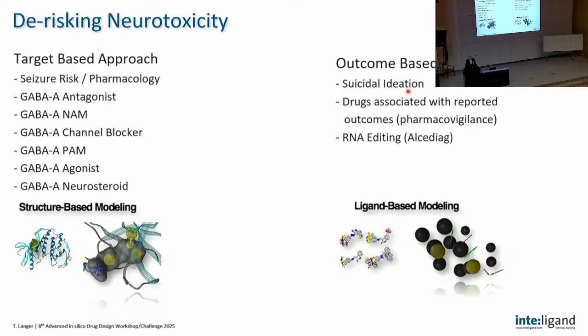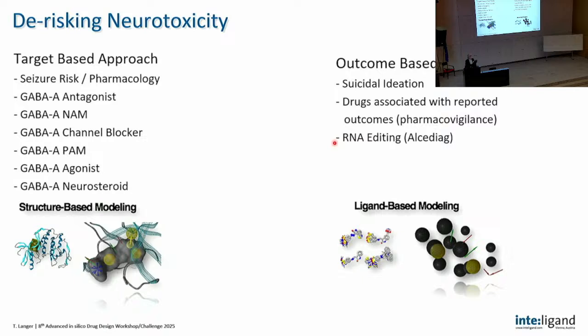For suicidal ideation and depression, it's more difficult because there are no clear mechanisms yet. But there is now already one mechanism that is elucidated. There is a company in France, in Montpellier, Yesylevskyy, who found out that some drugs that clearly drive patients into suicide modify receptors for serotonin by post-translational modification of the RNA for these receptors.